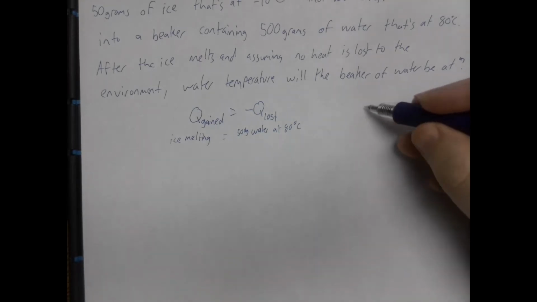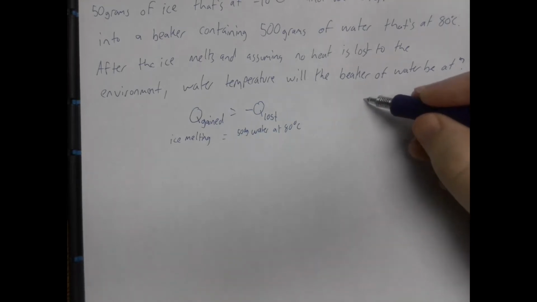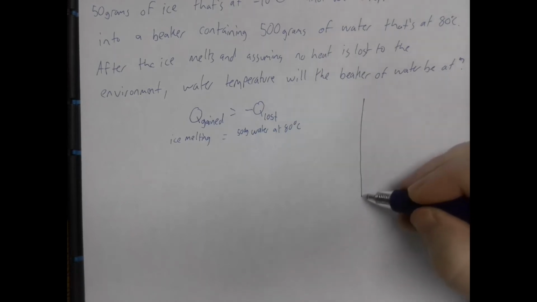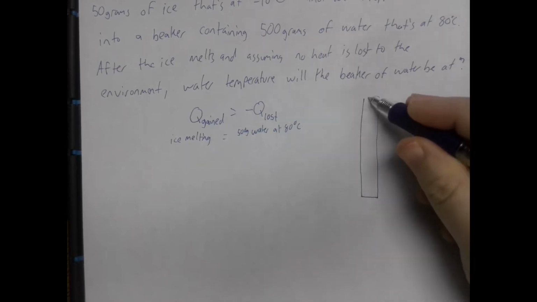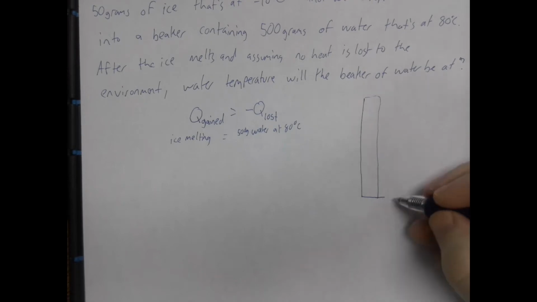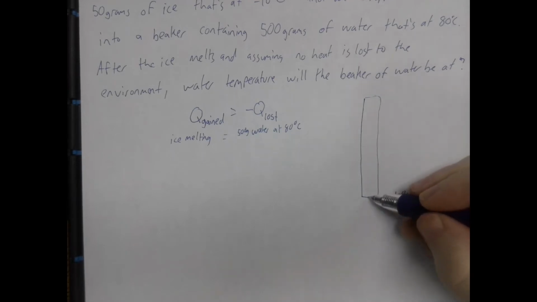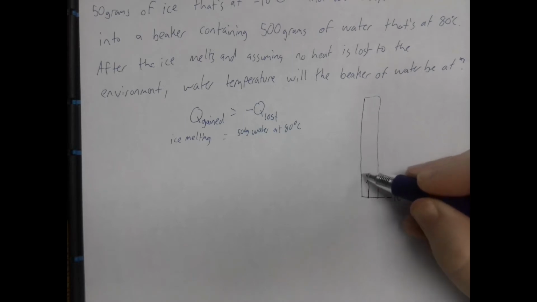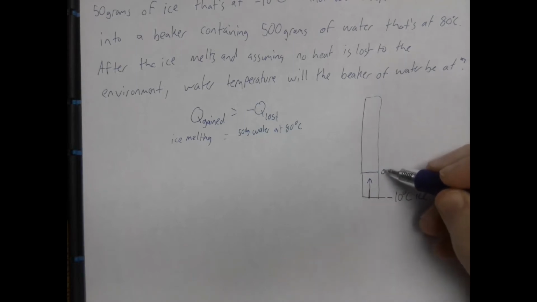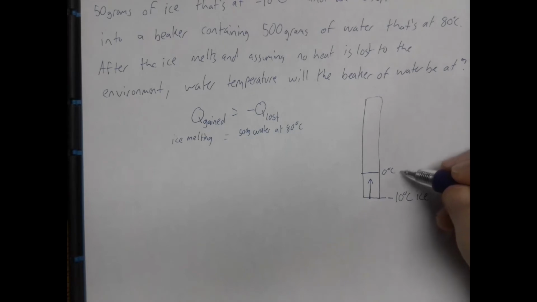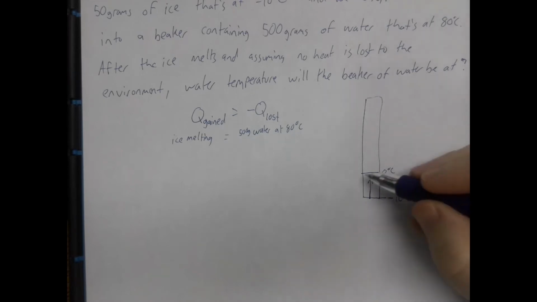This is where I like drawing this. So down here, we have negative 10 degrees Celsius ice. This ice is going to gain some heat. It's going to move up until it reaches 0 degrees Celsius, and it's going to melt.